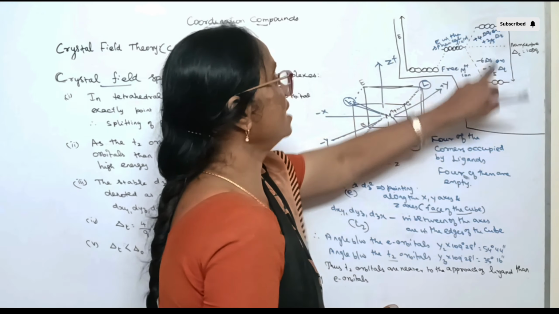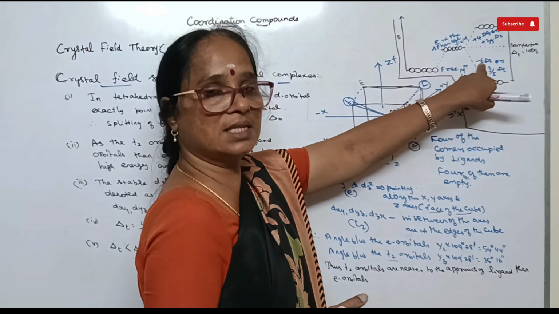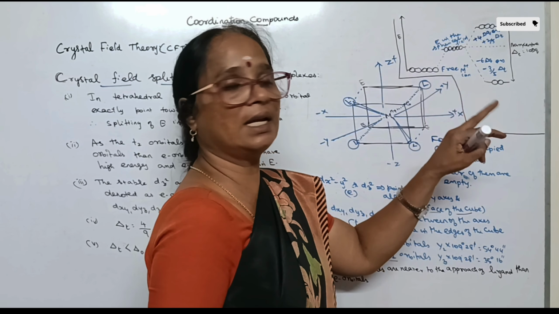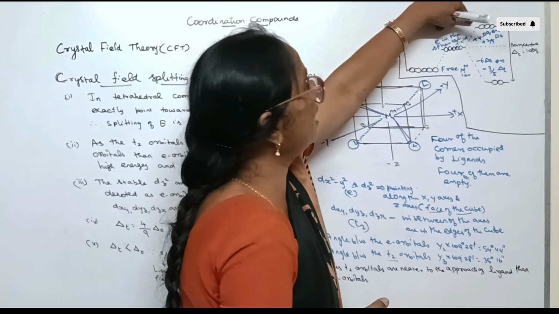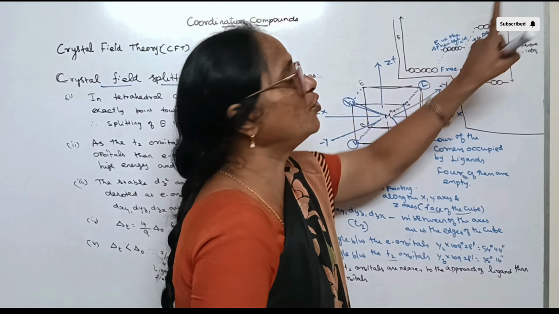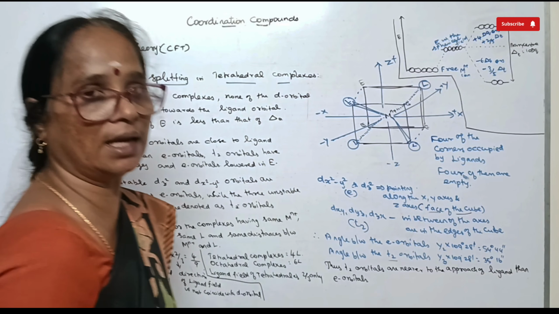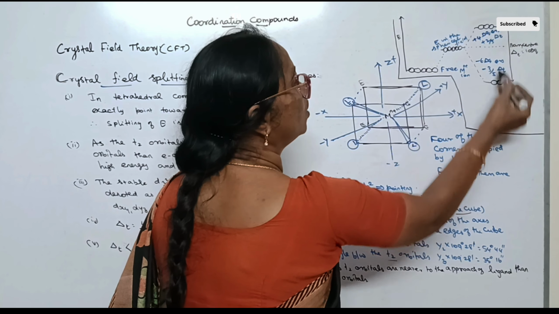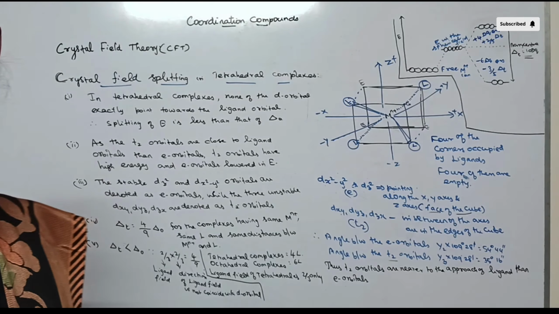The E orbital is lowered by the energy of minus 6 Dq, or minus 3 by 5 of delta T, that is T for tetrahedral complexes, and the T2 set of orbitals is increased by the energy of plus 4 Dq, or plus 2 by 5 of delta T. The energy gap between the T2 and E orbitals from the barycenter is always equal to 10 Dq.